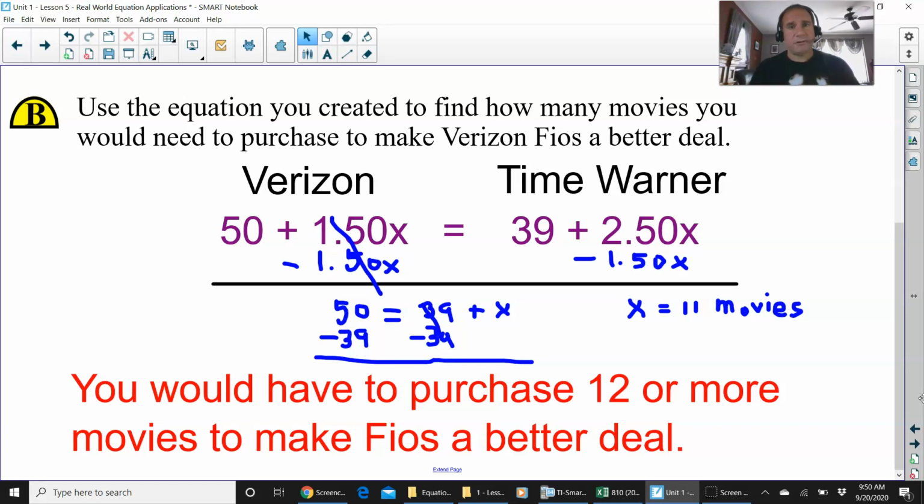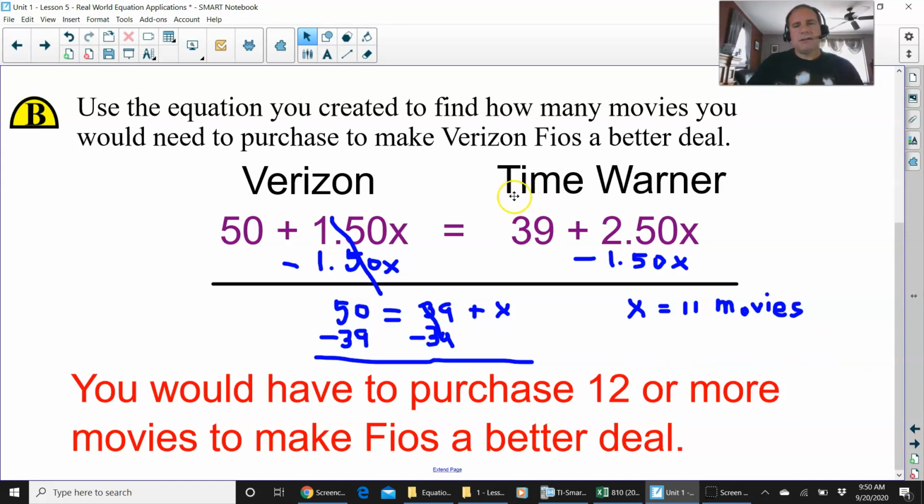If you were a Time Warner customer and purchased 12, 13, 14 movies, that means they're charging you $2.50 per movie now. So the only person that really should be a Time Warner customer is a person that doesn't rent any movies.